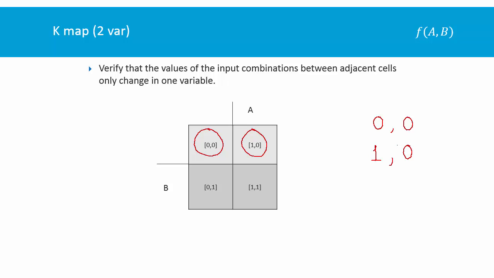We can see that since this is variable A and this is variable B, B is not changing. B is staying at the value of 0. The only variable that is changing in those two cells is the variable A. And this is what a K-map does. Each and every one of those cells, the adjacent cells only change in one variable.